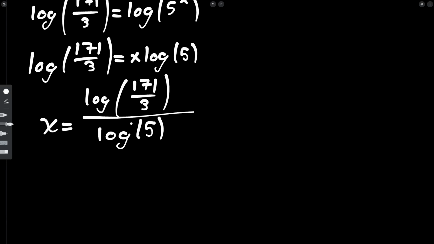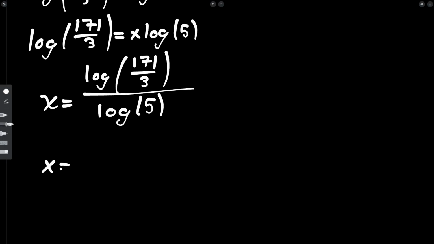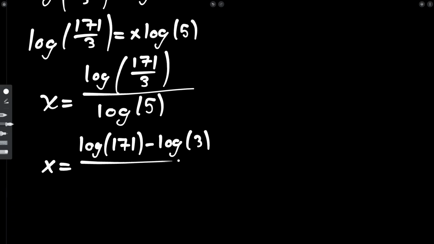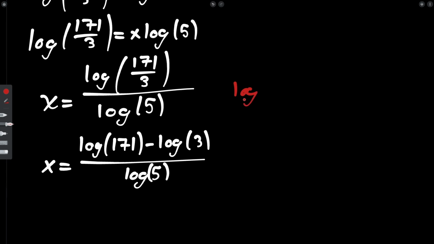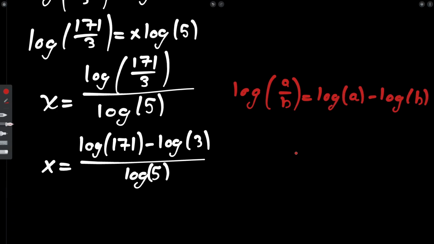We can rewrite this, it's not really necessary, as the log of 171 minus the log of 3 over the log of 5, because the log of a divided by b is equivalent to the log of a minus the log of b.